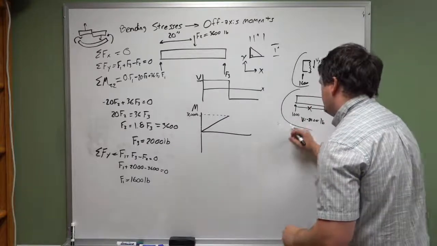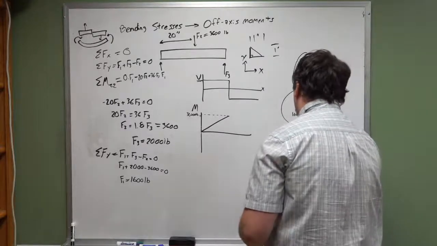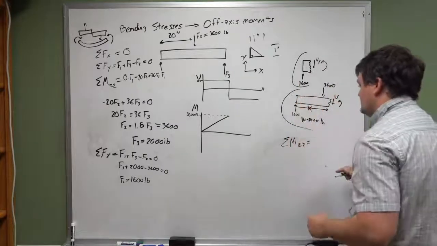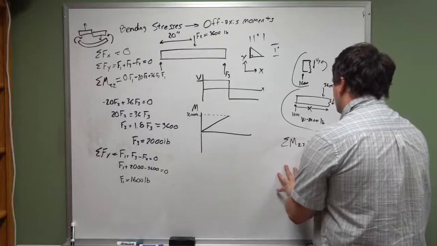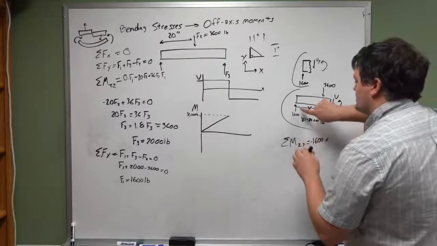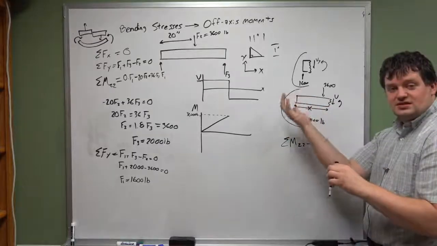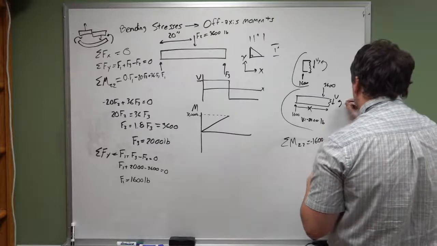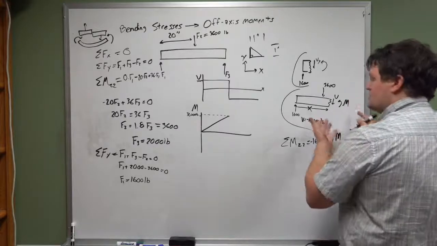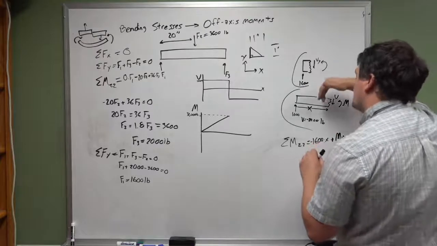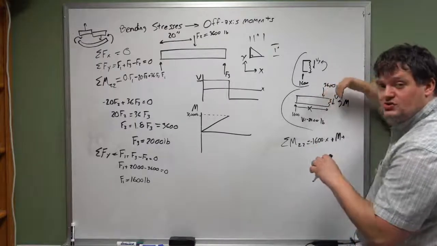Oh, I should just do the sum of the moments. Sum of the moments in the z direction for this cross section is equal to negative 1600 times x, because the moment generated here is a negative moment, plus M, because we're going to assume M is positive, plus the moment generated by this 3,600 pound force, which is also positive.